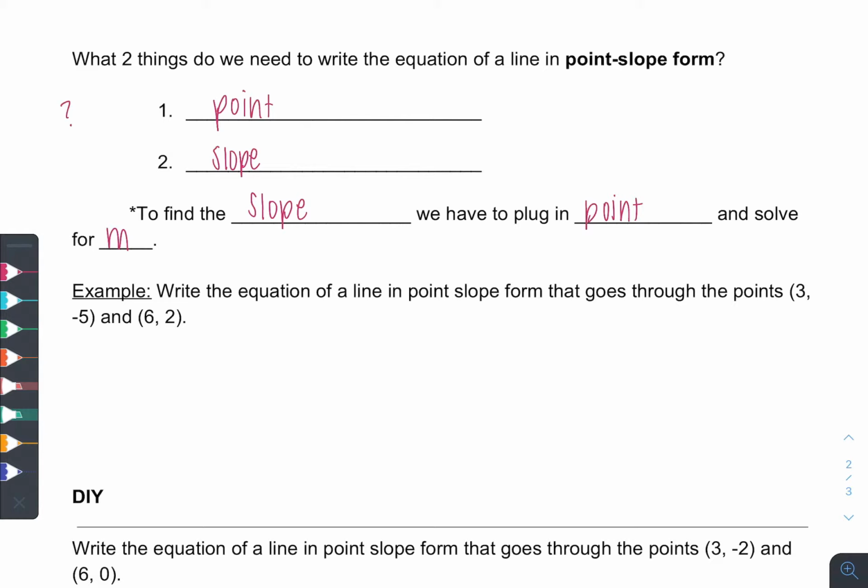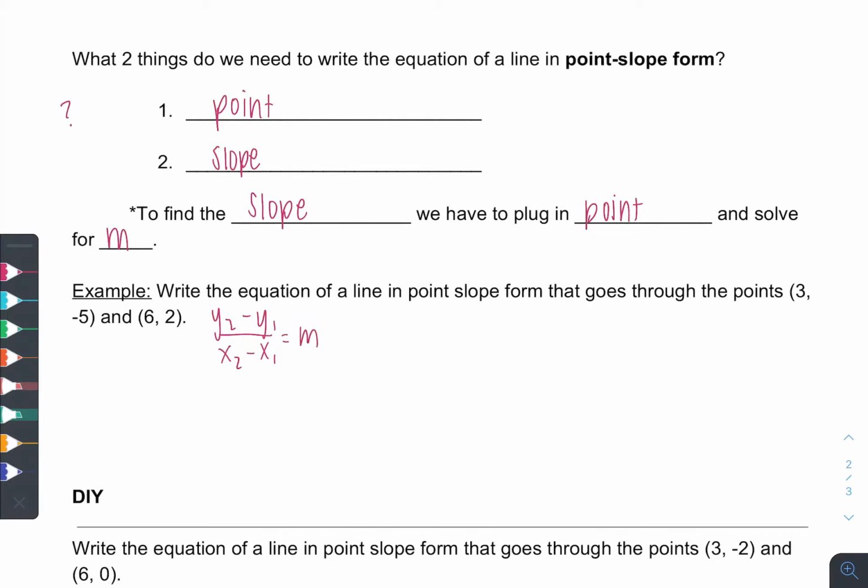There's actually a couple ways we can think about this. We can either find the slope using y2 minus y1 over x2 minus x1 is equal to m.